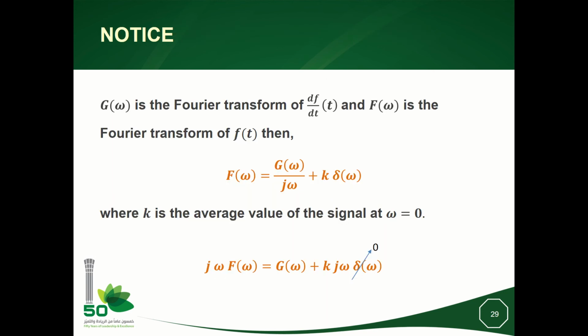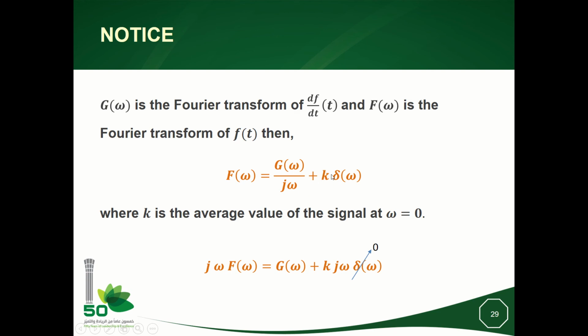Pay attention, when we would like to get F of omega from the Fourier transform of df over dt. If we denote G of omega as the Fourier transform of the first derivative of f with respect to time, we can recover F of omega by dividing by j omega.